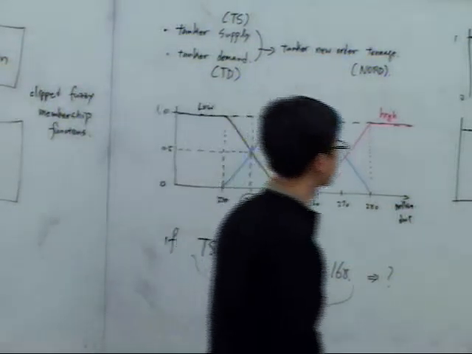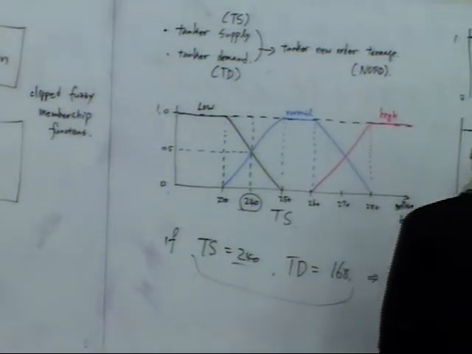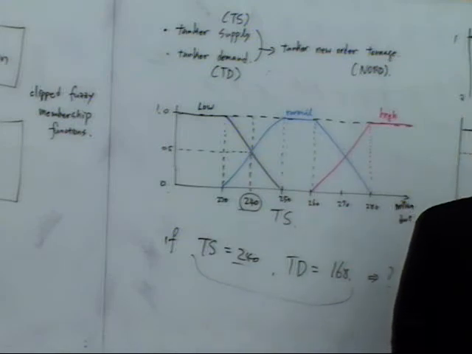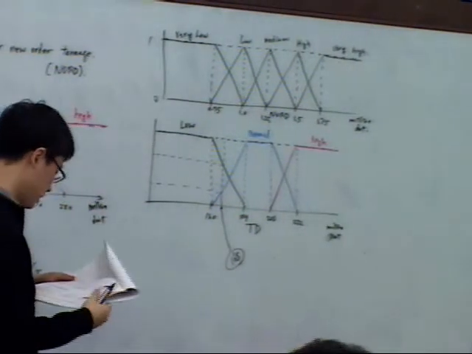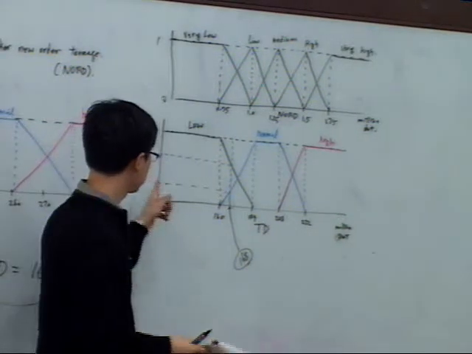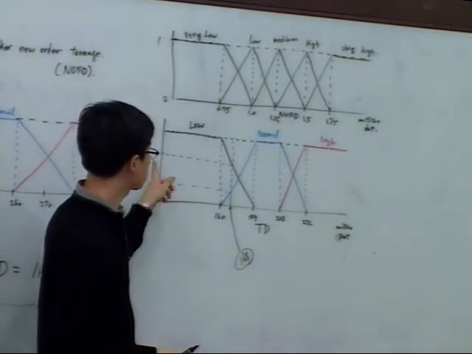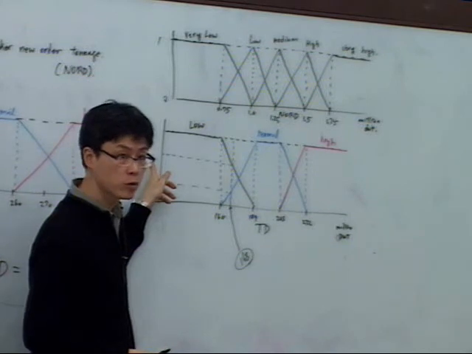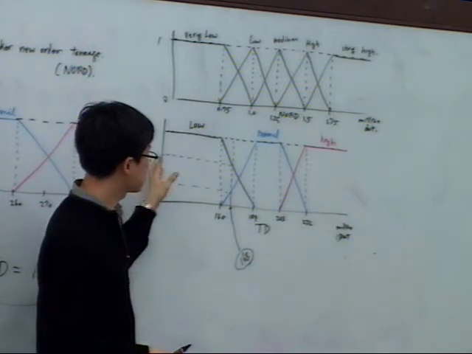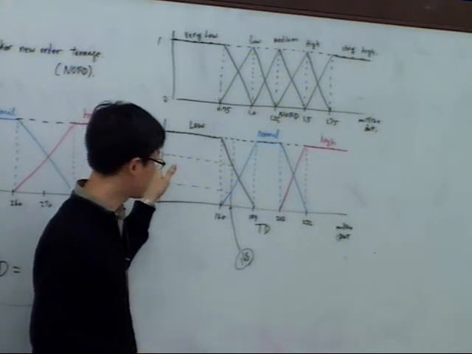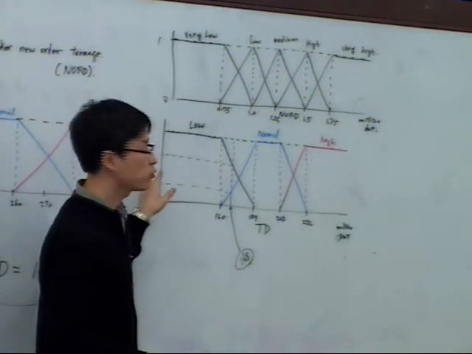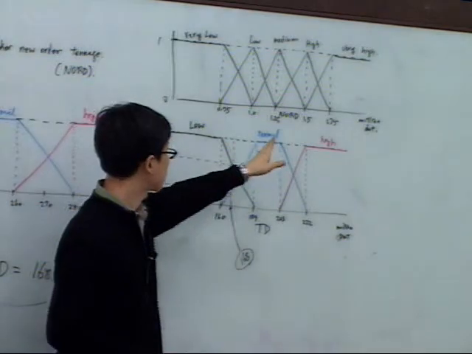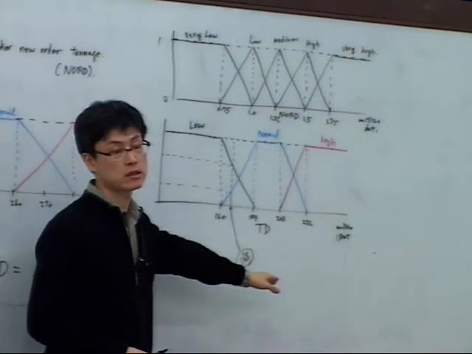Okay? Here, for TD, I don't know the exact number, but we have some value of low, maybe 0.7 or something, low in TD, and 0.2 or 0.3 of normal in TD.